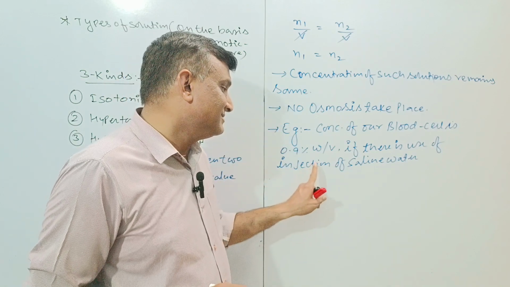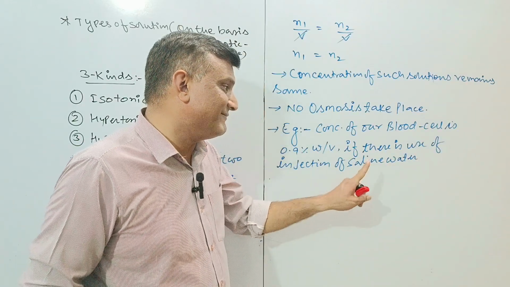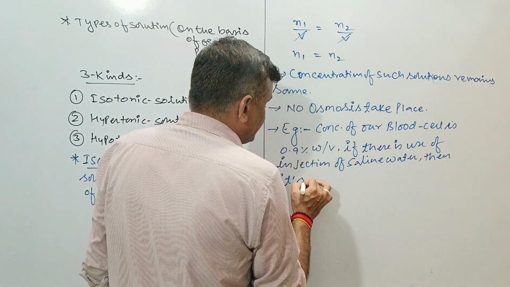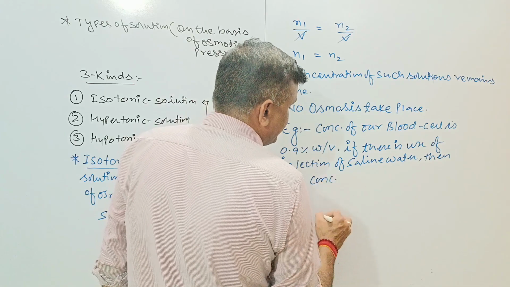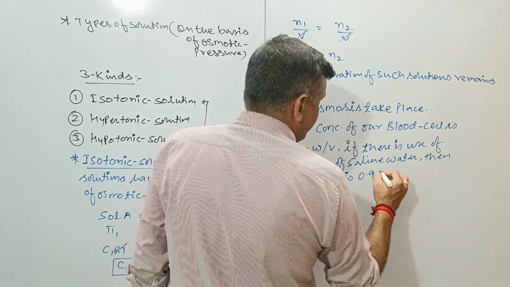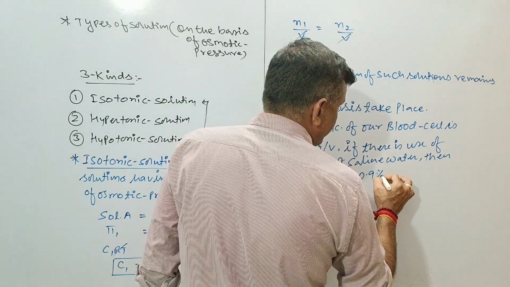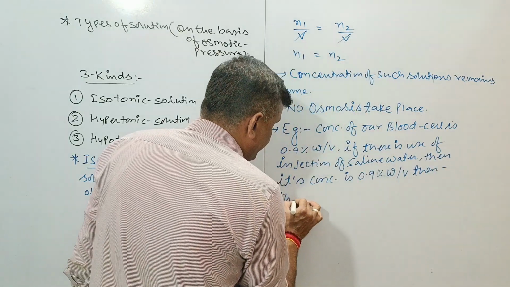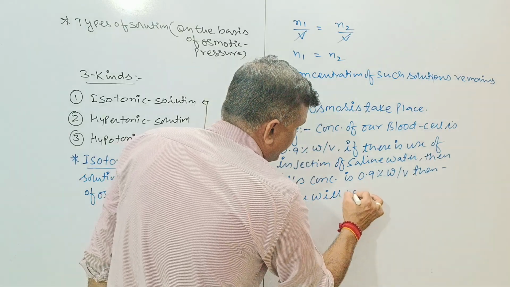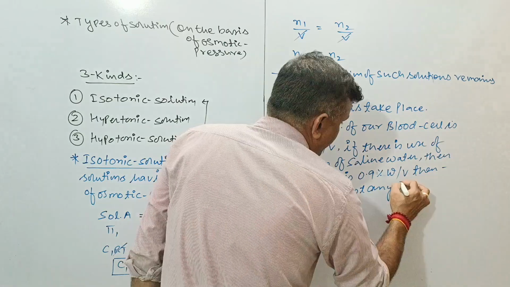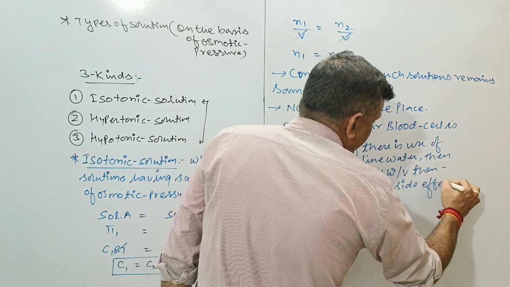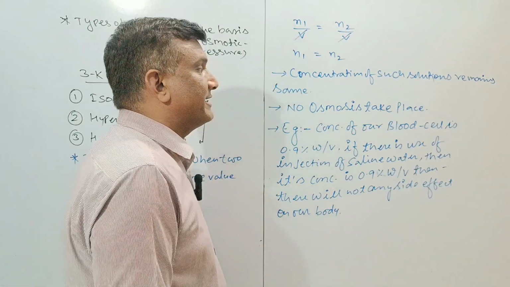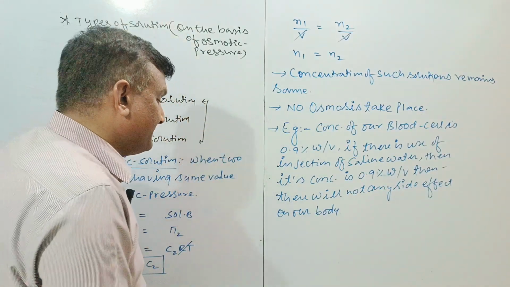So in that case, the concentration of saline water is 0.9% by mass volume, then there will not be any side effect on our body. This was the first type of solution.